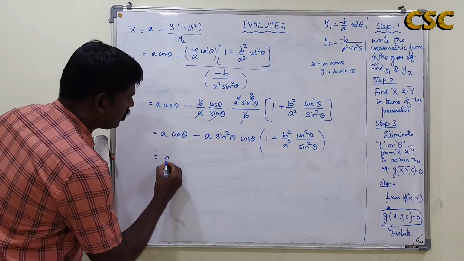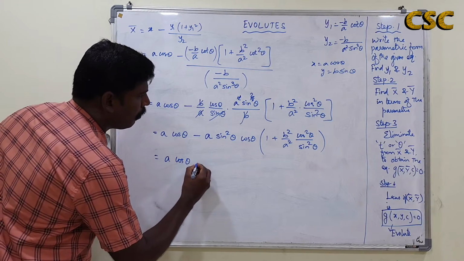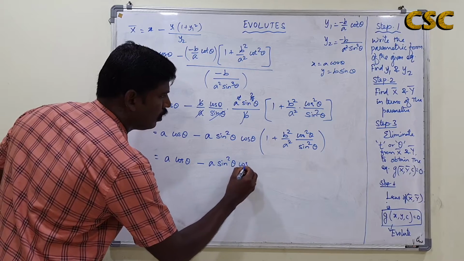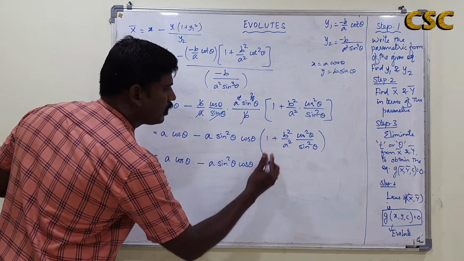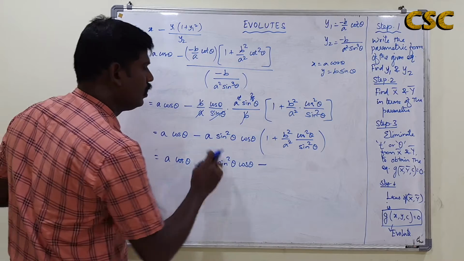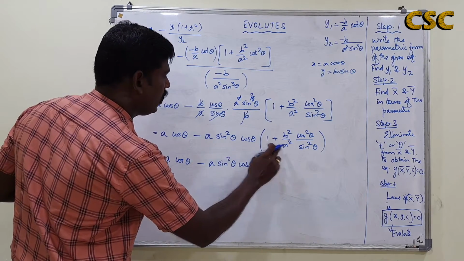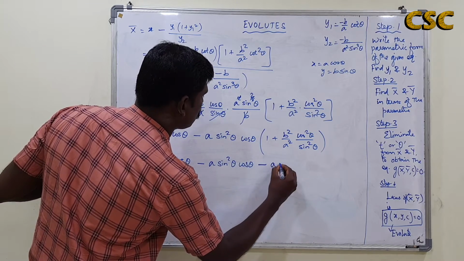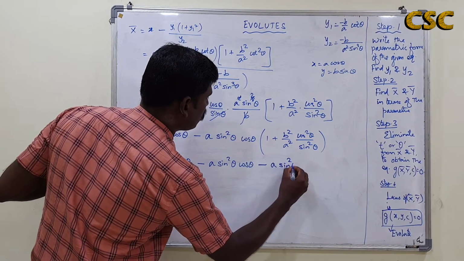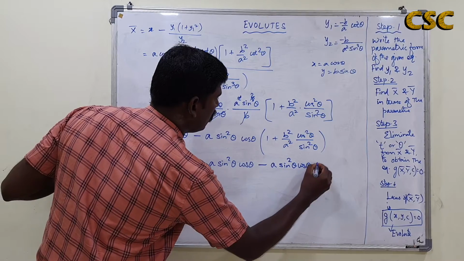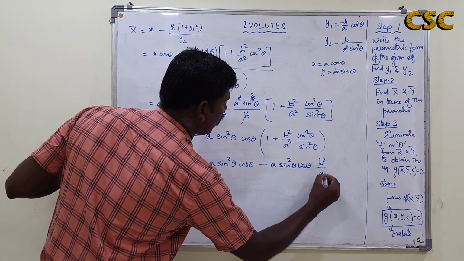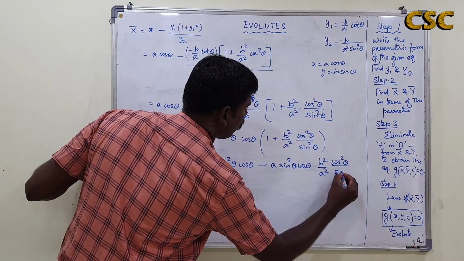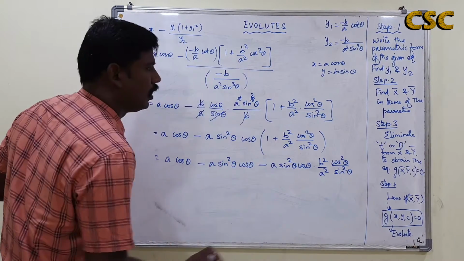So a cos theta minus a sin square theta cos theta plus into minus, sorry, minus into plus is minus. This a cancels with this a. Or I write it in one more step, a sin square theta cos theta into b square by a square cos square theta by sin square theta, right?